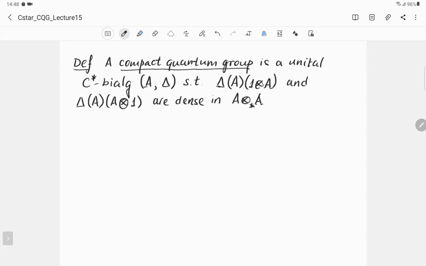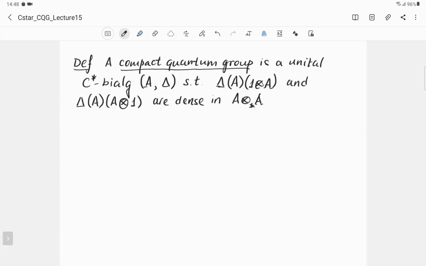Okay, so let's briefly recall where the definition comes from. First of all, we start with a compact semigroup. Then we observed that the algebra of continuous functions on this semigroup G is a unital C-star algebra in a natural way.